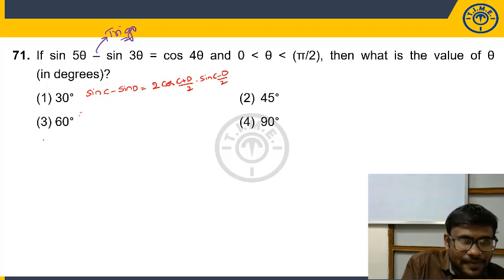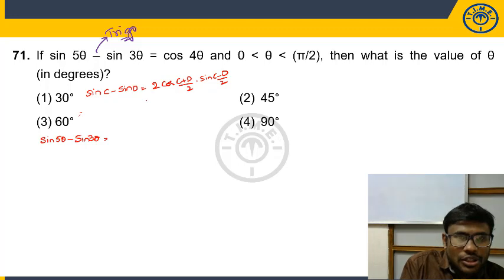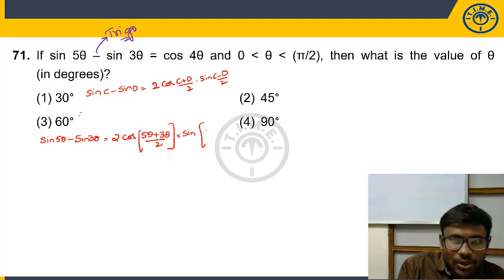That is 2 cos C plus D by 2, that is 5 theta plus 3 theta by 2, into sin C minus D by 2, that is 5 theta minus 3 theta by 2. That is given as cos 4 theta.